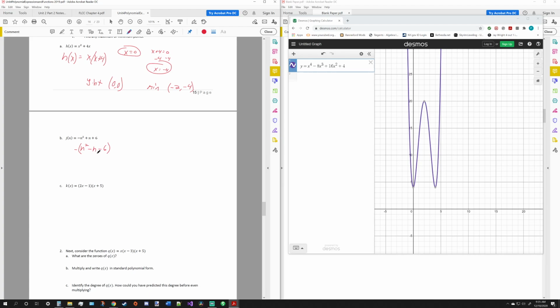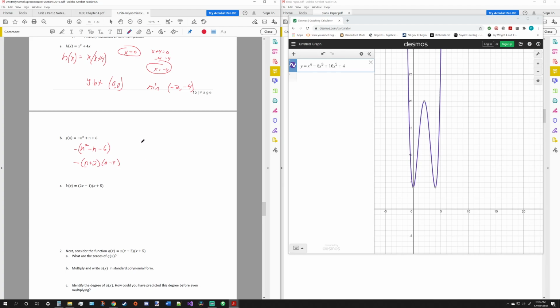And now it's sum product, so numbers that multiply to -6 and add to make -1 would be, I believe, a +2 and a -3. So there's our factored form.